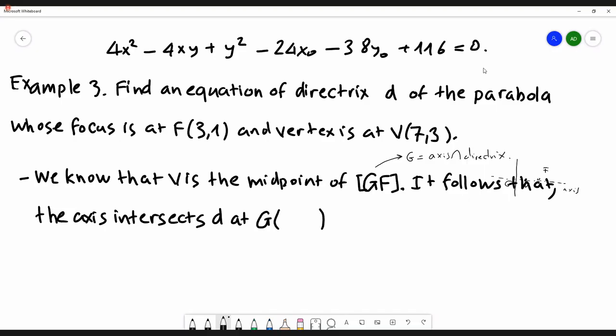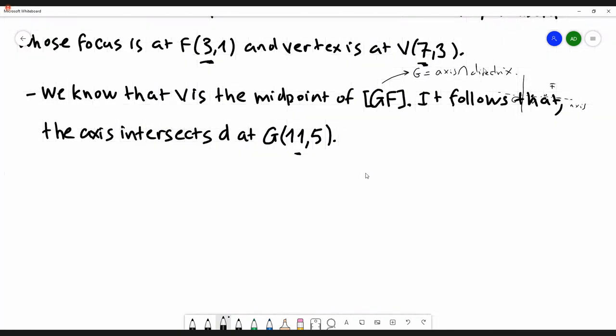Now we will find a point so that (7, 3) is the midpoint between F and this point. So 3, 7, so the first coordinate should be 11, and the next coordinate differs by 5. So we found the point of intersection of the axis and directrix. In particular, we found a point on the directrix.